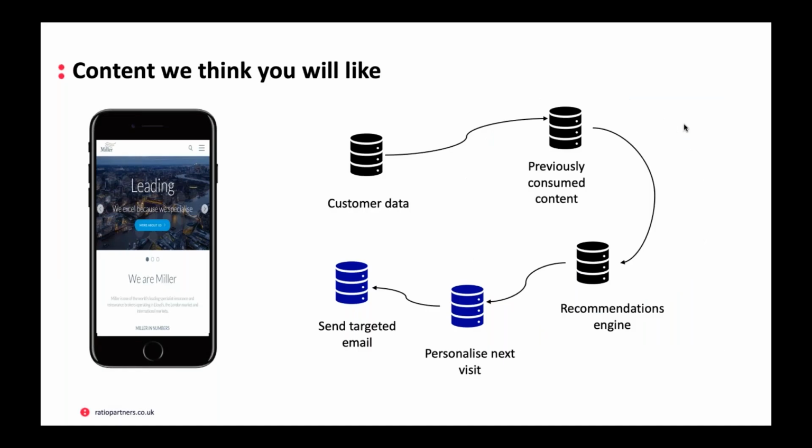I'm going to run through a couple of examples of what a possible experience could look like for an end user. So scenario one, we want to deliver content for a website visitor based on what we think they want in terms of content.